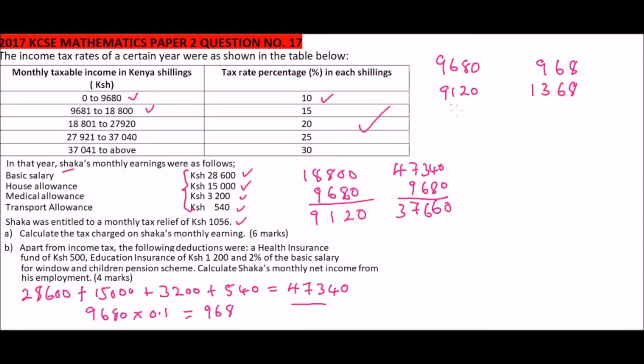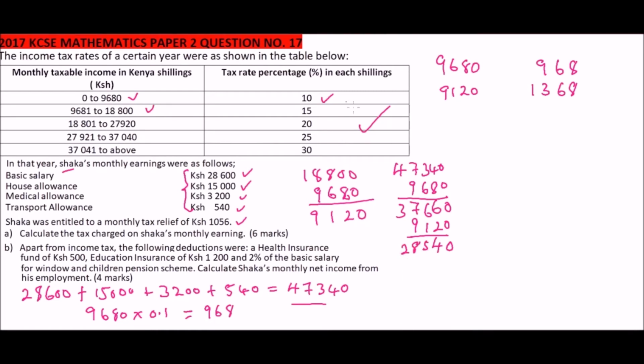We then subtract this amount from our taxable income: 9,120 subtracted from the remaining amount gives us 28,540.